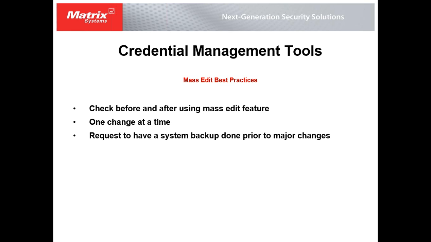So, I always suggest just making one change at a time to make sure you know what you're changing, or to really review your data before you change it. Like I said, one change at a time. And if you're doing something really major and you're not sure about what you're doing, it'd always be a good idea to talk to whoever the administrator is of your Frontier Access Control system. And it's not a bad idea to ask them to do a backup of the database before you make a major change.